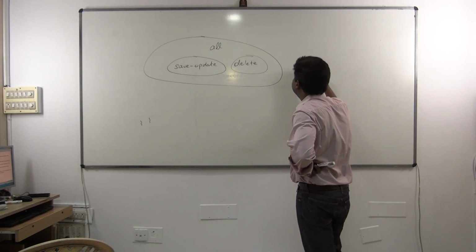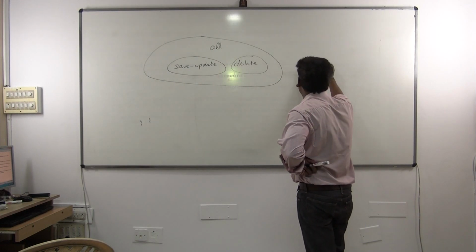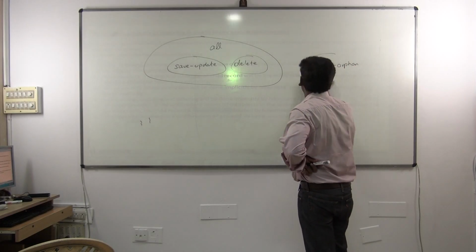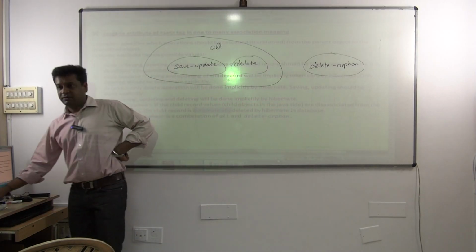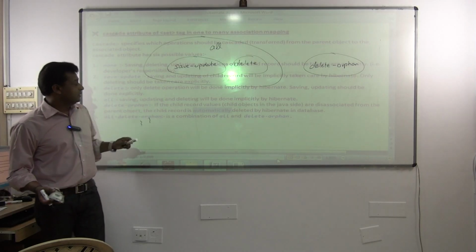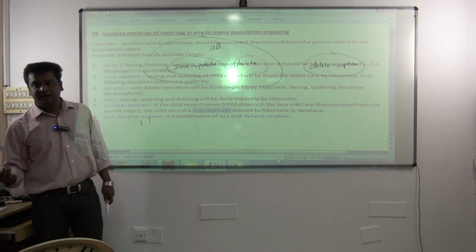What is that? Save, update, delete orphan. Which one? Delete orphan. Okay. We are going with this one. All delete orphan is a combination of all and delete orphan.